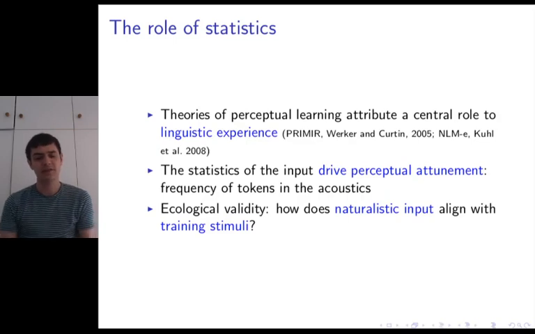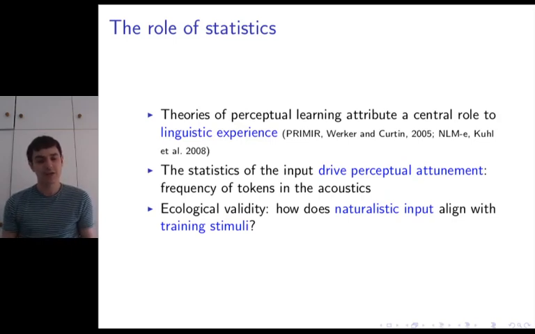Now, theories of perceptual learning, so things like PAM and the native language magnet theory, attribute a central role to linguistic experience. And really, linguistic experience is stated to be this question of what the statistics of the input are. These are the factors that drive perceptual attunement.